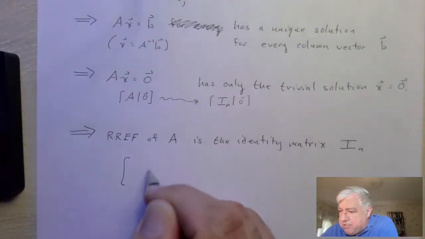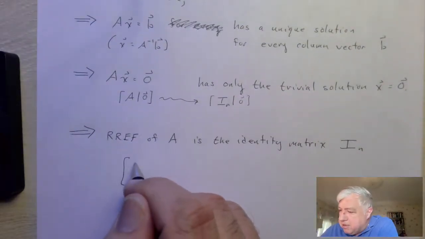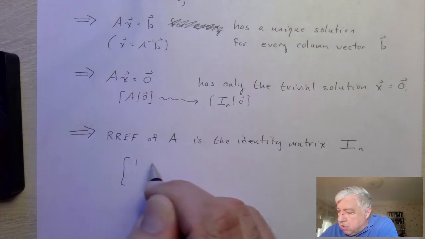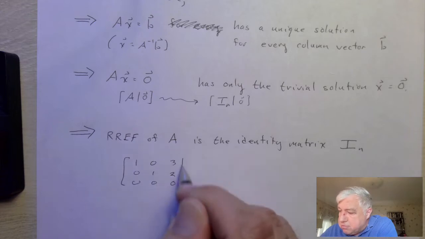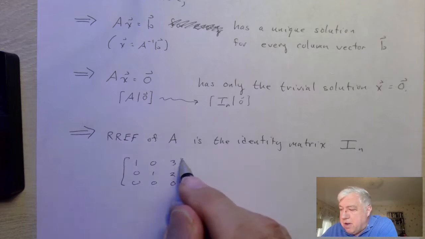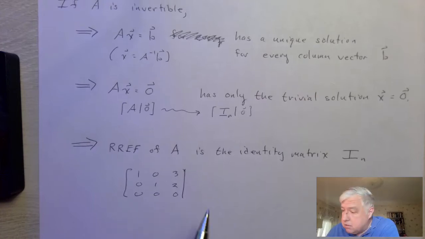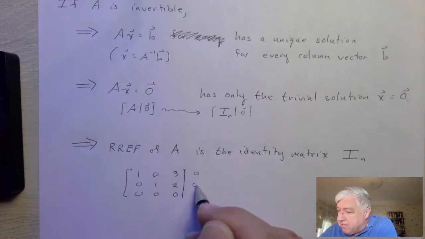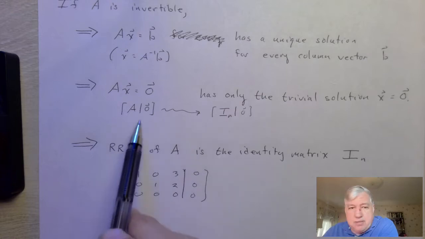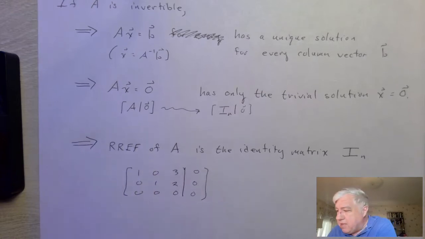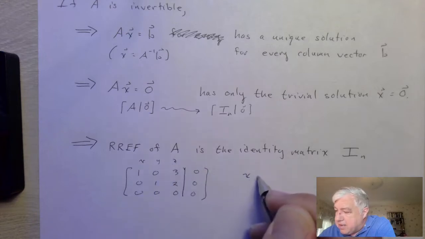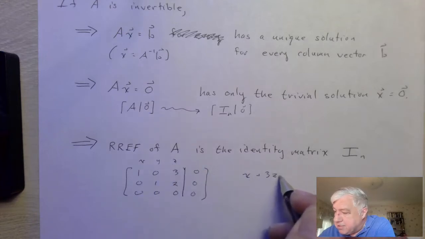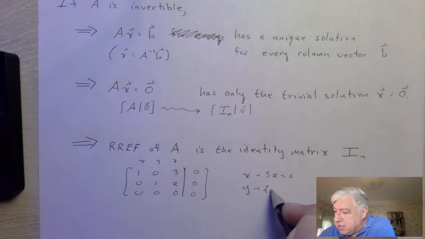For example, if the reduced row echelon form is 1 0 3, 0 1 2, 0 0 0, and you were trying to solve the corresponding system represented by this augmented matrix, with variables x, y, and z, we know that this would mean x plus 3z equals 0, and y plus 2z equals 0.